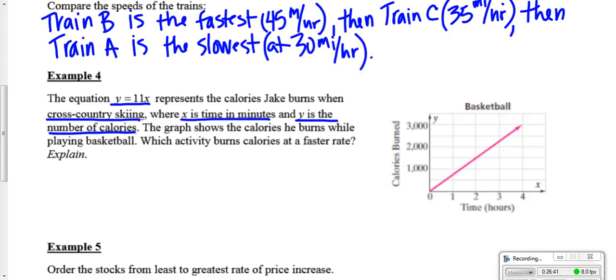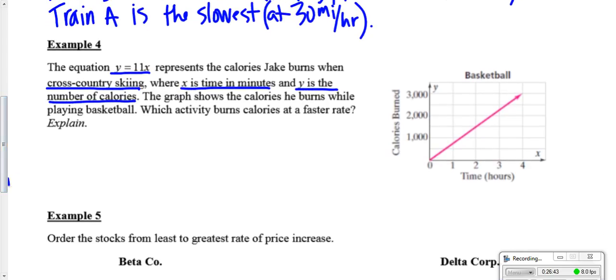So we're going to remember that. And then this graph over here, this is for basketball. So let's go ahead again to compare how many calories per minute. We need to figure out the slope for this one. And so what I noticed for basketball is the first thing that they do is that they give it to me in hours. I'm just going to remember that to convert at the very end.